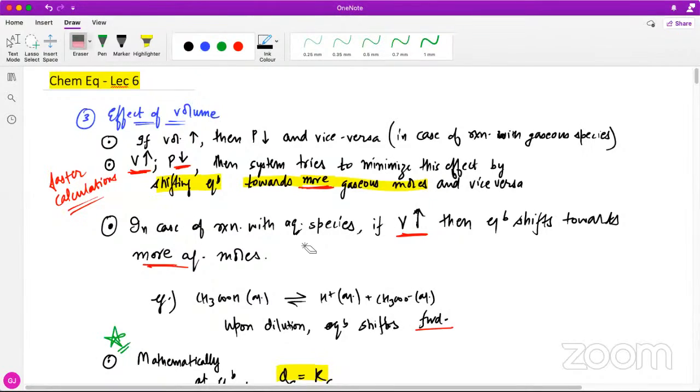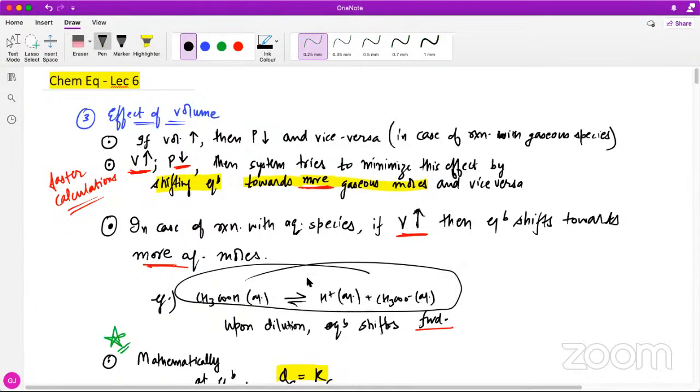Pull the piston outward, increase the volume. Okay, everyone wrote this much? Yes. So why have you written the point for aqueous in a different manner? Well, such reactions are not sensitive to pressure.